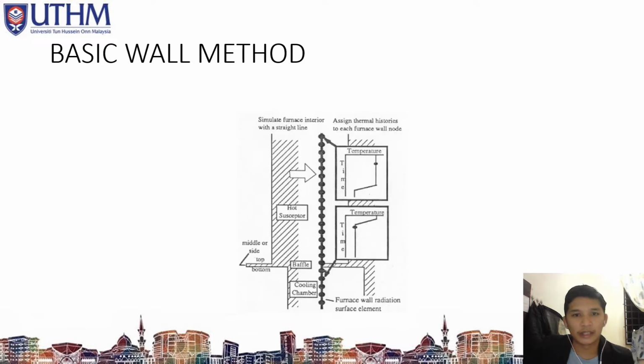So this is the figure that shows how the basic wall method starts: they start by simulating the furnace interior with a straight line, and then assign thermal histories to each furnace wall node, and lastly through the cooling chamber.